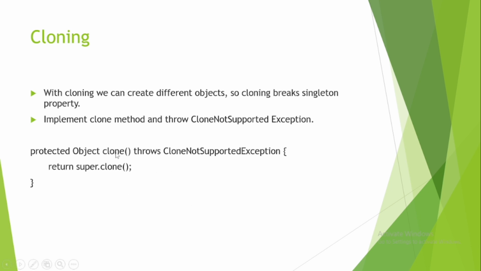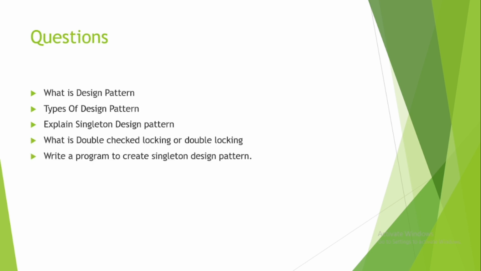You have to implement the clone method and throw CloneNotSupportedException. Just add this method into your class, then you will always get the same object in case of cloning also, because cloning can create different objects. Whenever you clone, you will get a different instance. So you can prevent this by implementing the clone method and throwing CloneNotSupportedException.